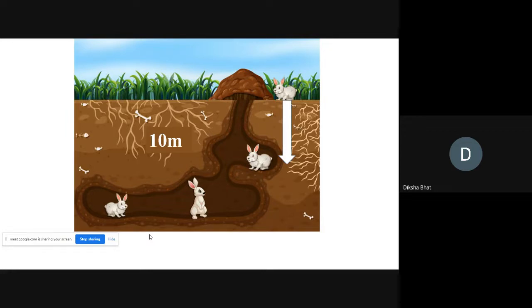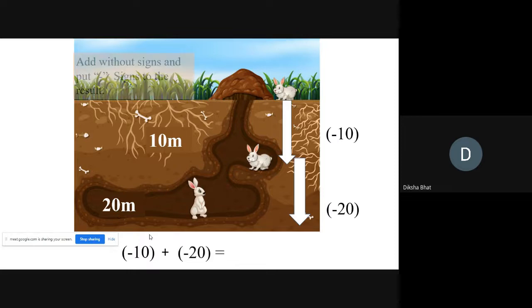How far he is from ground level? Negative 30. Yes, that is negative 10 plus negative 20. We have to add it without sign and put a negative sign to the result. That is negative 30.